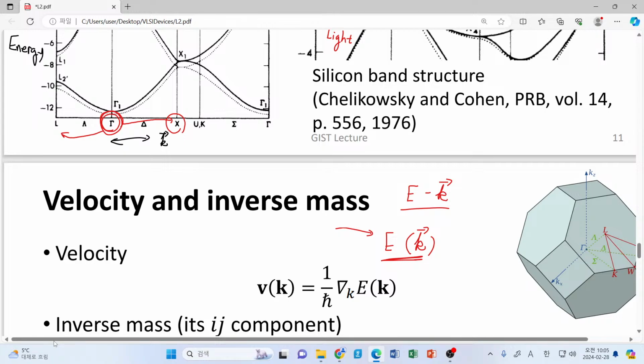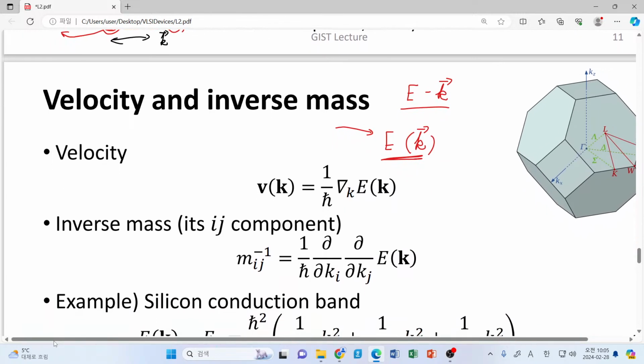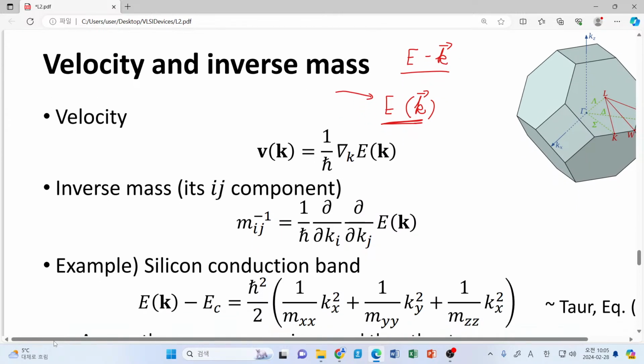Then my question is, how can we calculate some important parameters, especially for transport problems, the movement of our electrons and holes? In this case, we can define two important quantities: velocity of electron and mass of electron.